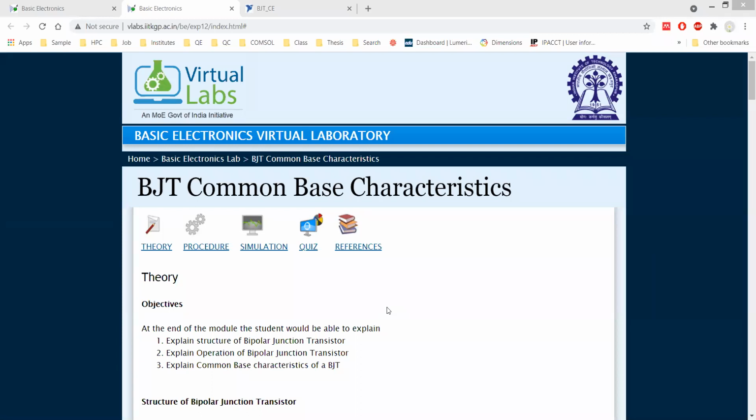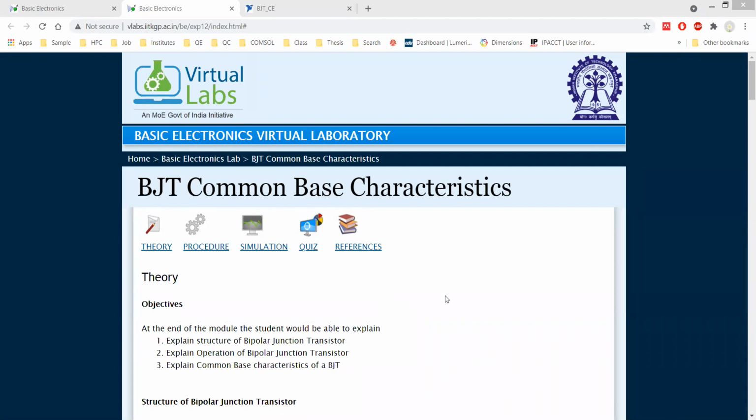So today we'll continue from what we did in the previous class, the common emitter characteristics for a bipolar junction transistor. Today we'll perform the common base circuit.